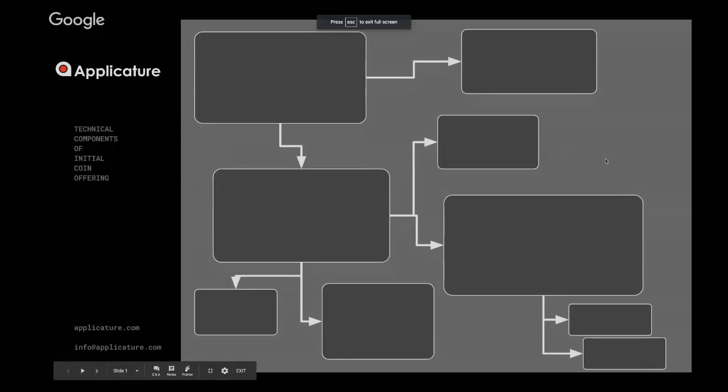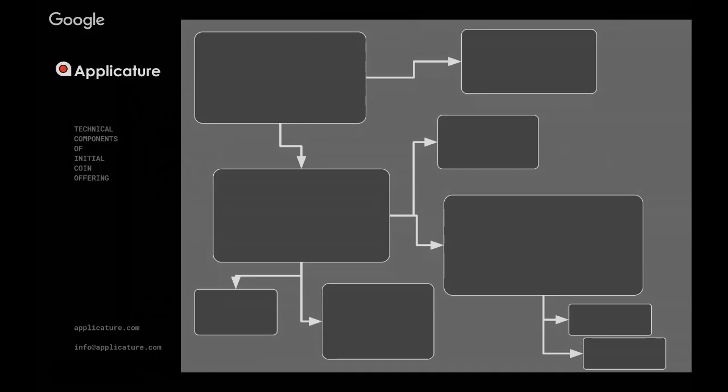So we've got this interesting structure, and it gives you the idea why the ICO is a more complex project than it potentially looks at the beginning, and that's only the technical components of the initial coin offering.